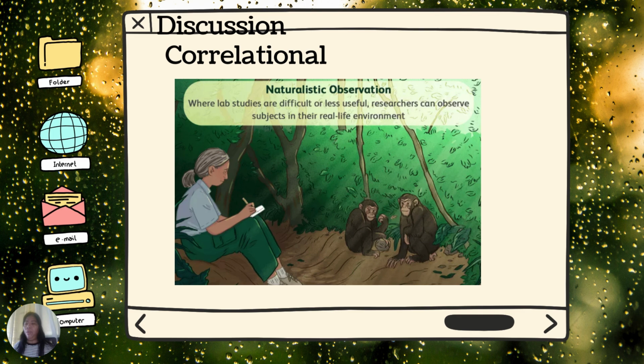The goal of the observer is for the behavior to be authentic, and to understand how the subjects act when they believe they are not being studied by the researcher. So they are performing their actions in their natural habitat, with this kind of picture.